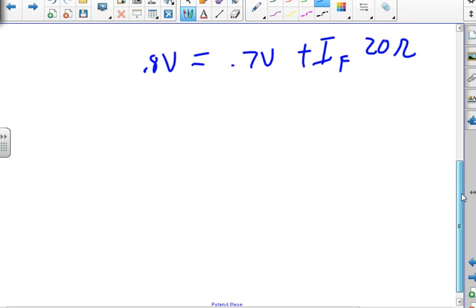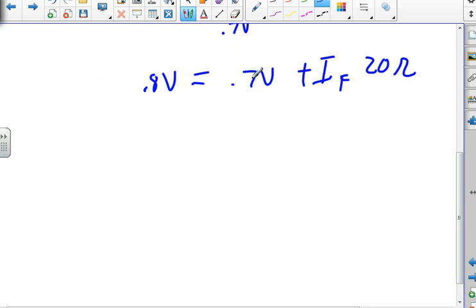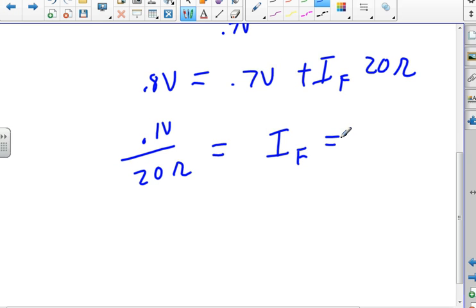So I subtract 0.7 from both sides. 0.1 volt divided by 20 ohms equals IF. Hey, where's my calculator? I found it. 0.1 divided by 20. Looks like I have 5 milliamps.